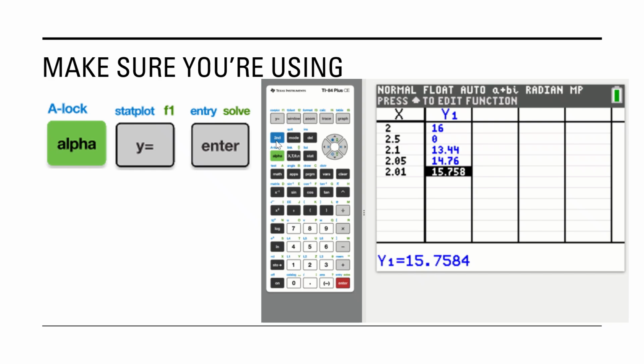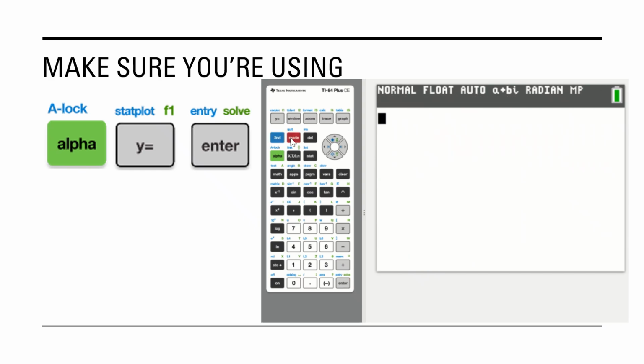But also, something that I would like for you to do is make sure to use the alpha y equals enter key whenever you're dealing with a slope. Alpha y equals and enter. And this is going to be your 15.7584. I included the work on paper so that you can see where all these things are coming from. But as far as the calculation is concerned, there's that over.